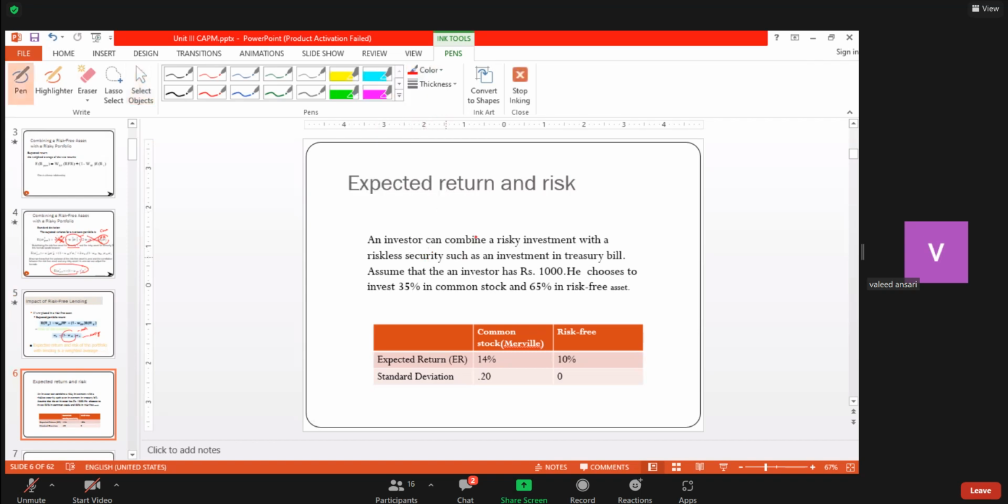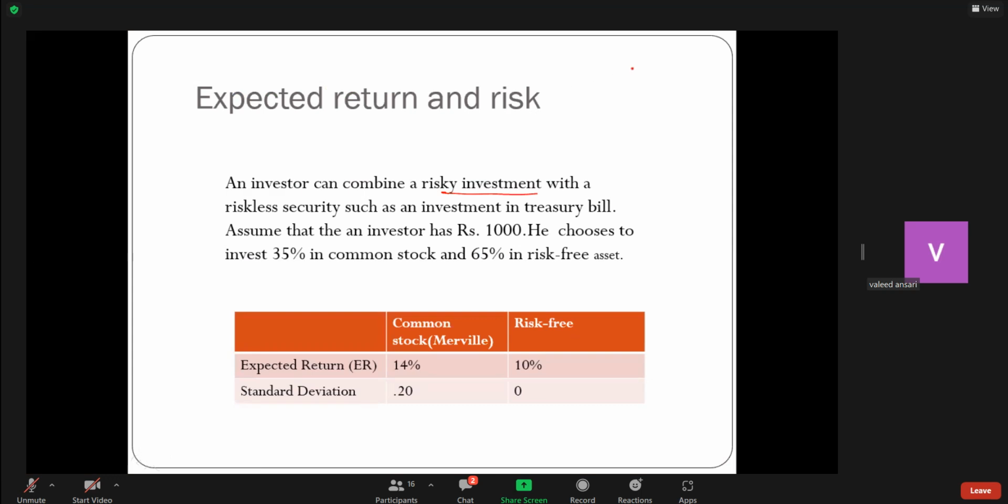An investor can combine a risky investment with a riskless security, such as an investment in treasury bills. Assume that the investor has rupees 1000.